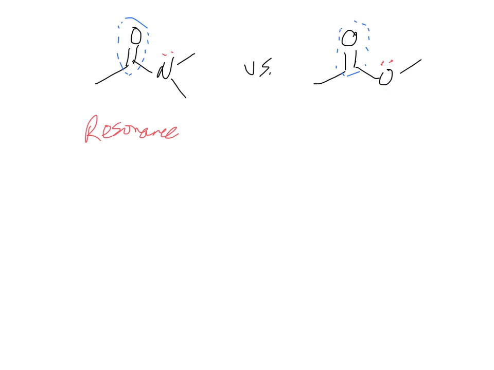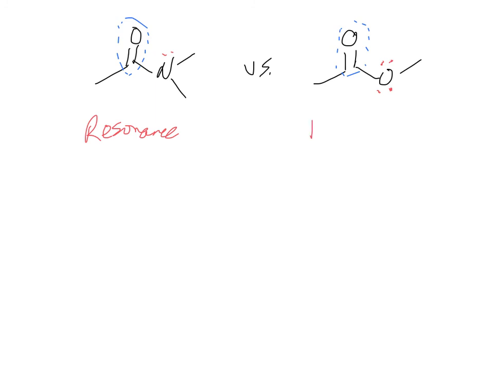And which one's more electronegative, oxygen or nitrogen? Oxygen is. So who's less likely to donate its lone pairs, oxygen or nitrogen? Oxygen. So oxygen's not going to donate its lone pairs. Well, no, that's not true. It will. But the most important factor is not that.